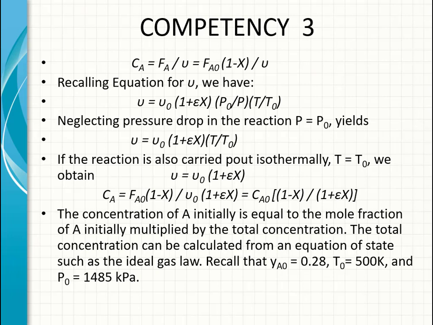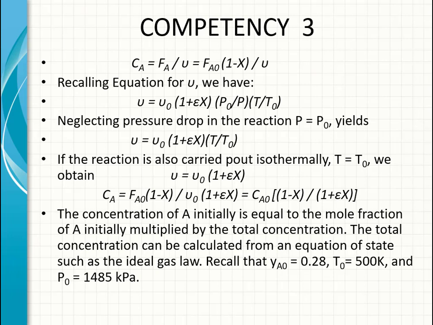If we take constant pressure and temperature, we will have that v is equal to v0 times 1 plus epsilon X. And from here, CA, which is equal to FA0 times 1 minus X divided by v0 times 1 plus epsilon X, will be equal to CA0 times 1 minus X divided by 1 plus epsilon X.